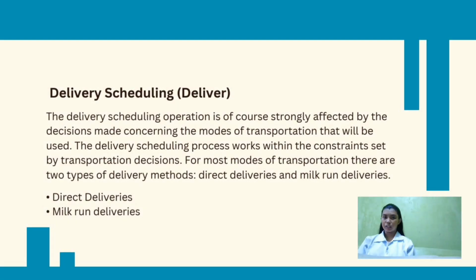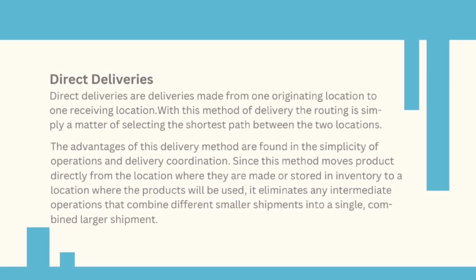Delivery scheduling refers to the process of setting the dates and times for delivering products to customers. This process is heavily influenced by decisions regarding the methods of transportation to be used.